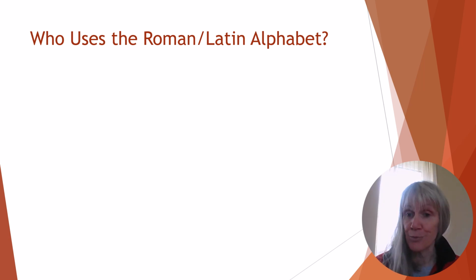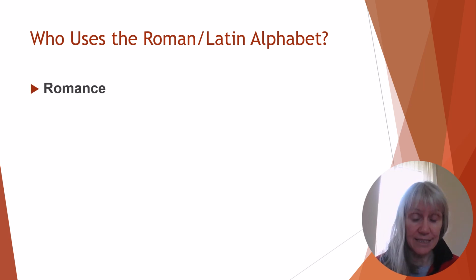You may use more than 26 letters. You may use less than 26 letters. You may use your vowels or your consonant sounds differently. So let's have a little look at how international this Roman or Latin alphabet actually is.